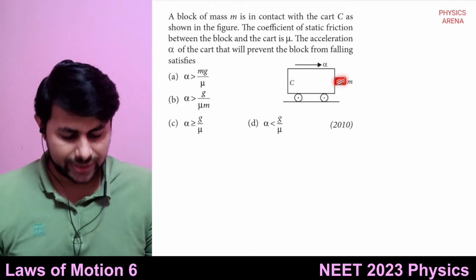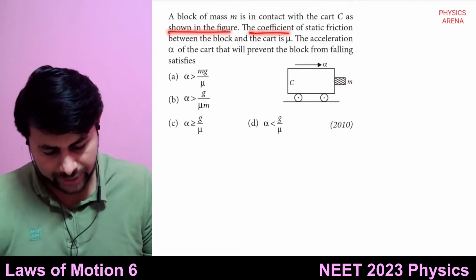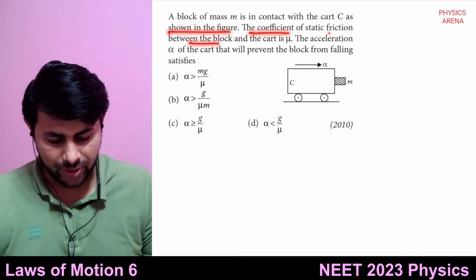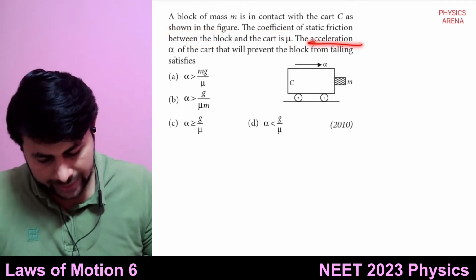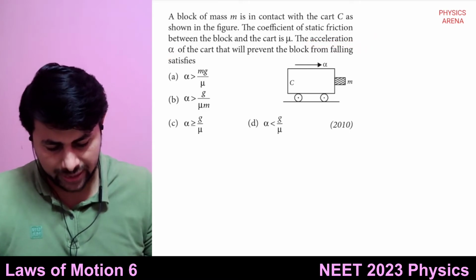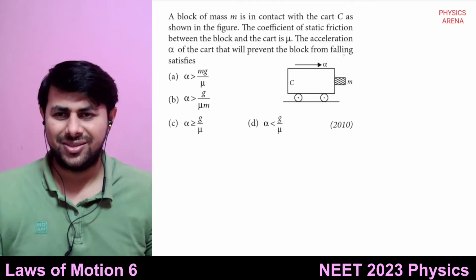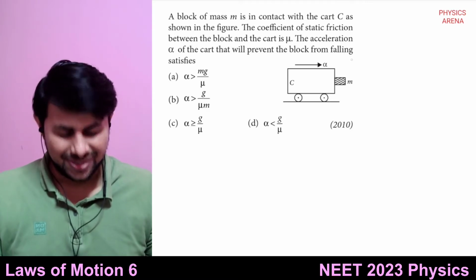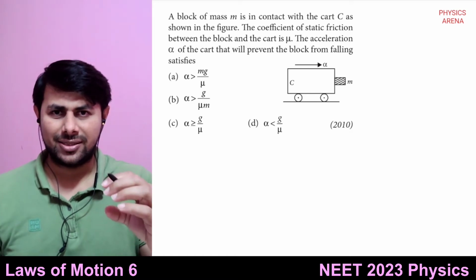As shown in the figure, the coefficient of static friction between the block and the cart is mu. The acceleration alpha of the cart that will prevent the block from falling satisfies what? So that mass is just kept like this.